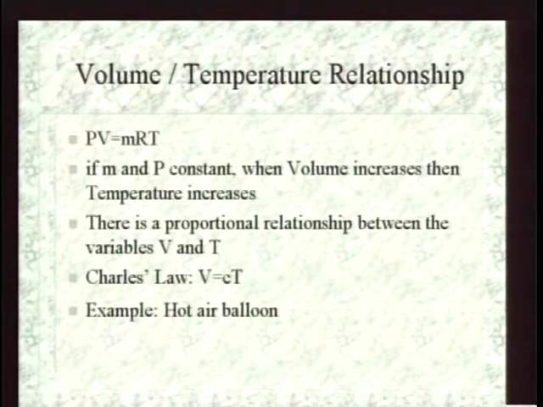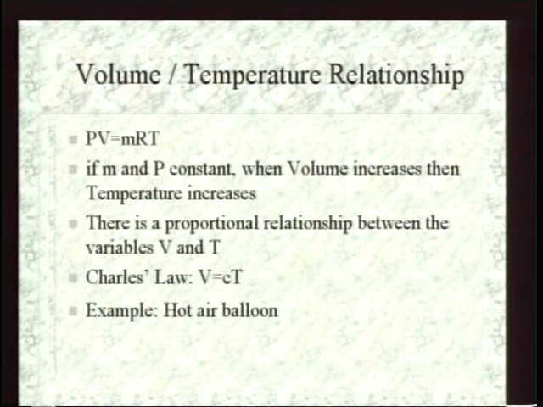So if the mass and the pressure are constant, in that equation at the top there, we're going to hold mass and pressure constant. When volume increases, then the temperature increases, since they're both increasing, or they could both decrease. If the volume decreased, then the temperature would also decrease.